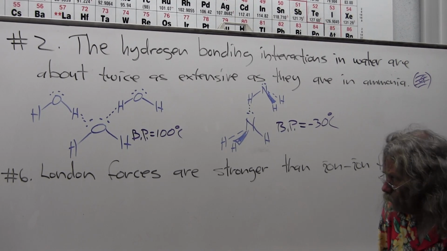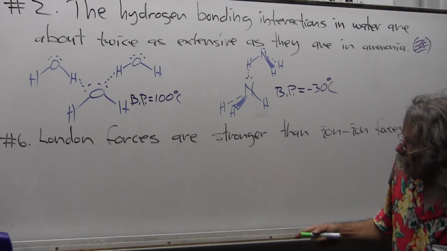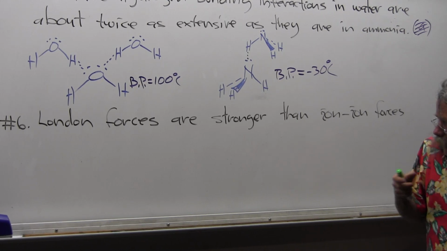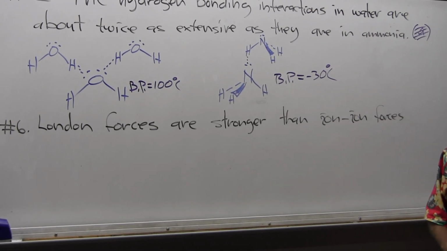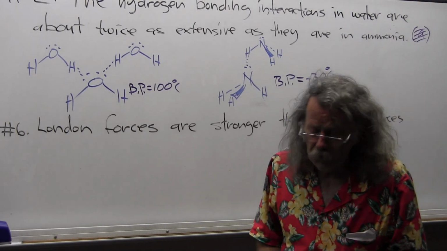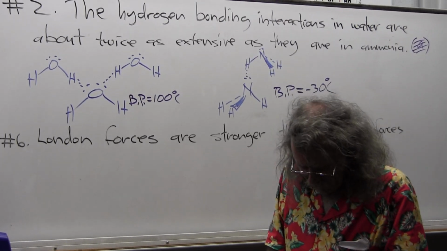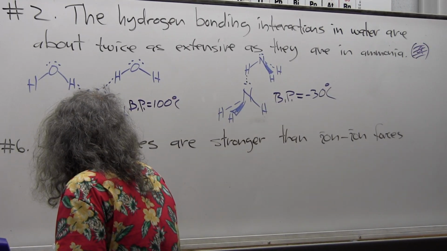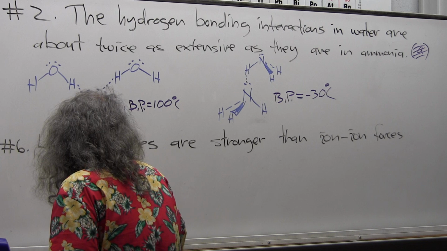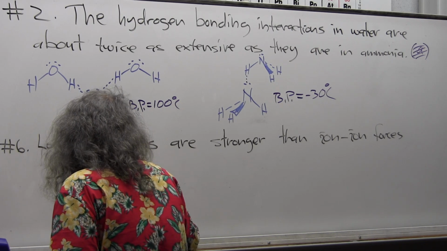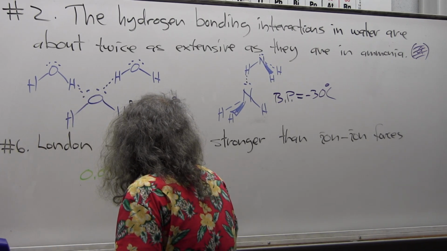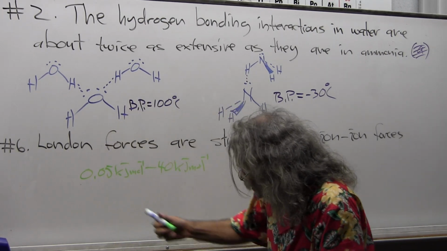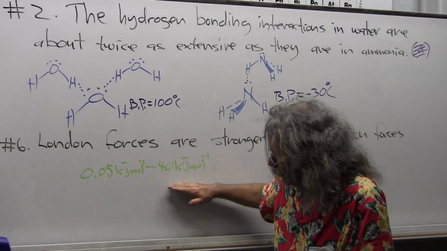Now, problem number 6 is another one about intermolecular forces. London forces are the induced dipole interactions, and these are very weak. They have a range of around 0.05 kilojoules per mole to 40 kilojoules per mole, and this depends upon the size of the molecule.